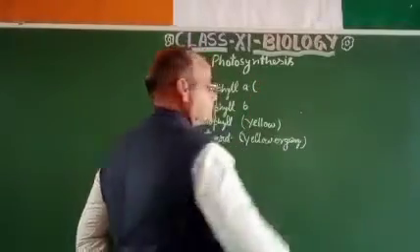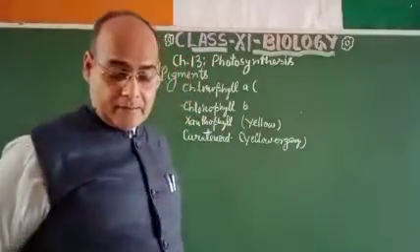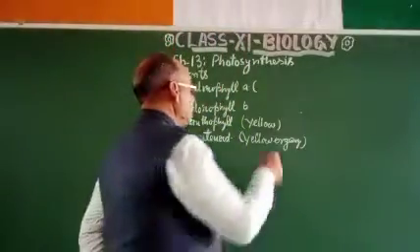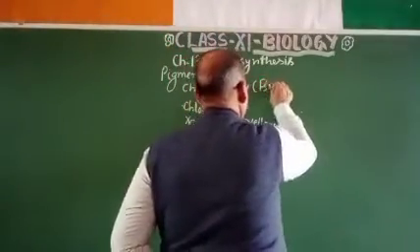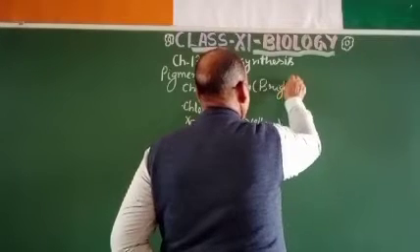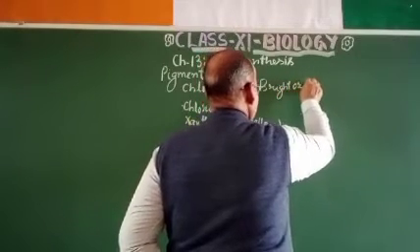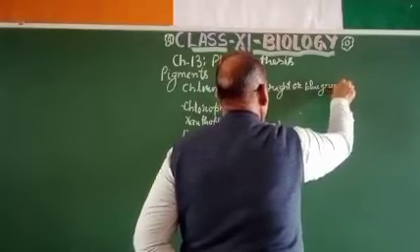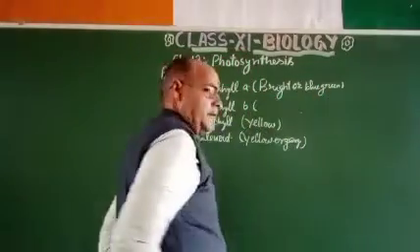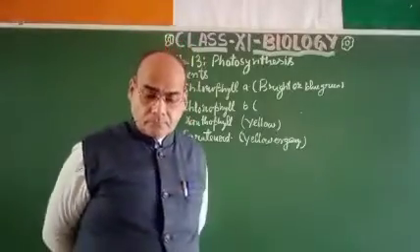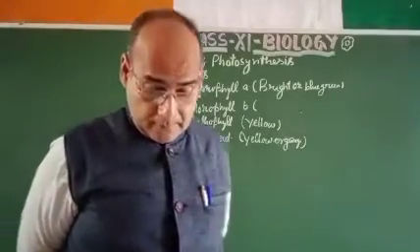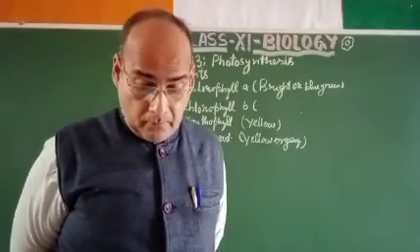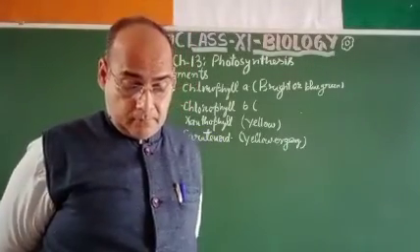Chlorophyll A is bright or blue green pigment, and chlorophyll B is yellow green.